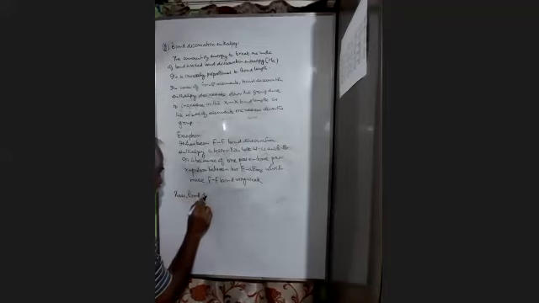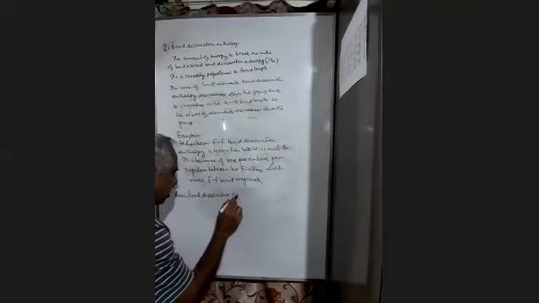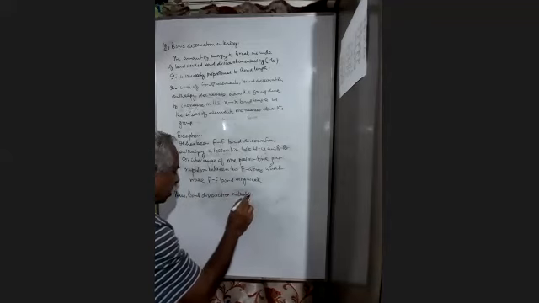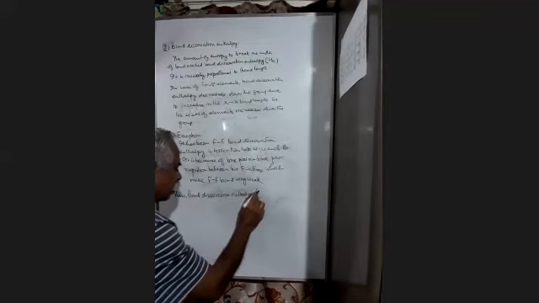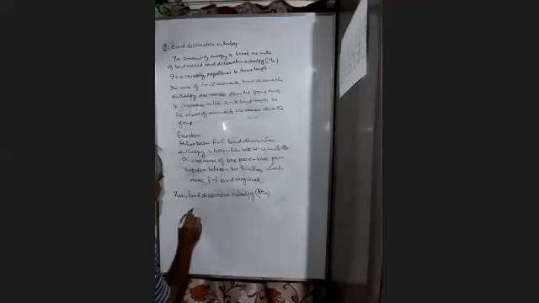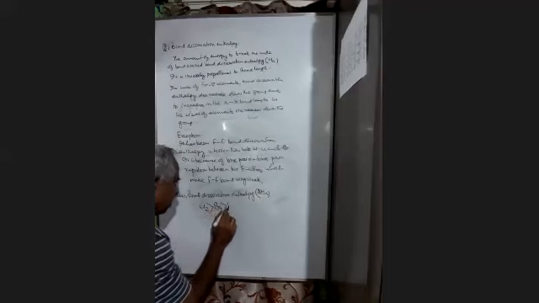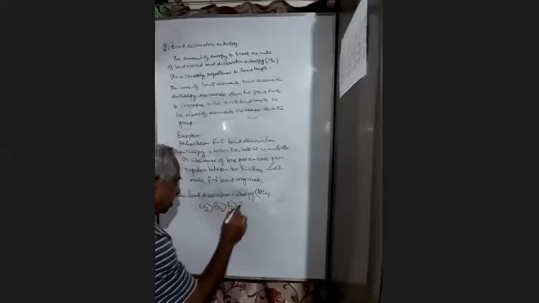Thus, bond dissociation enthalpy, what is the symbol? Delta H. You'll find here: chlorine greater than bromine, then fluorine, then iodine. This is extremely important for multiple choice questions.